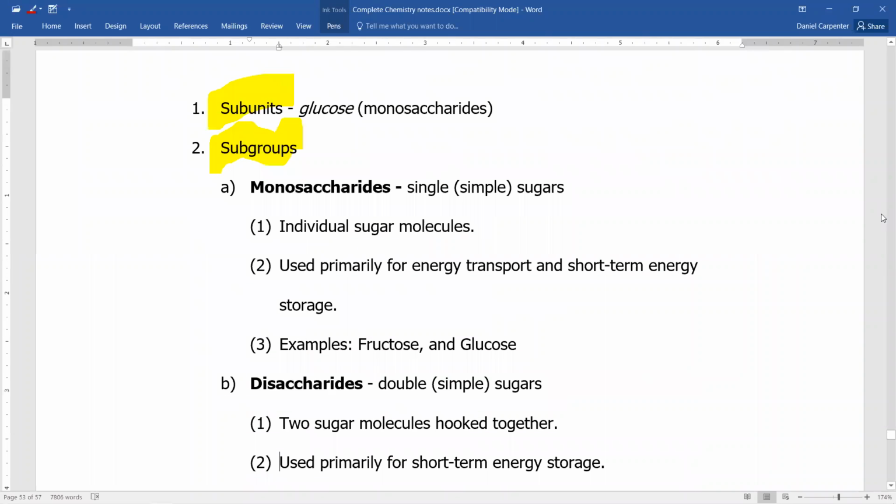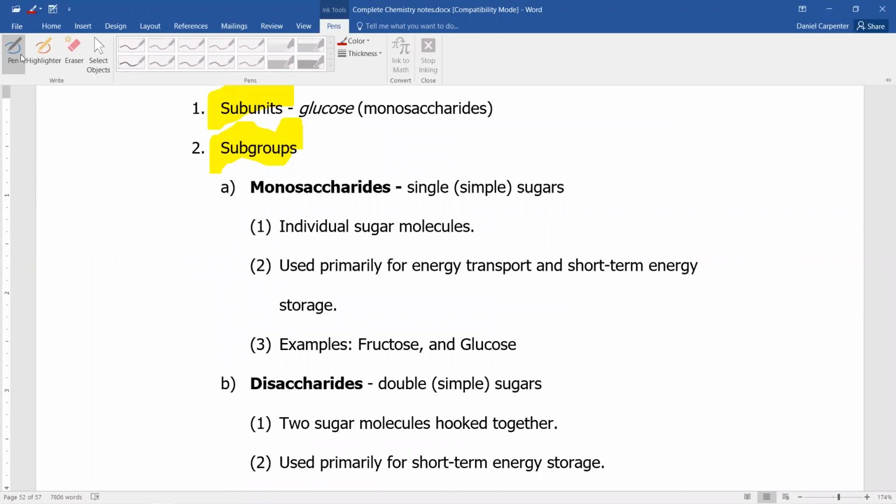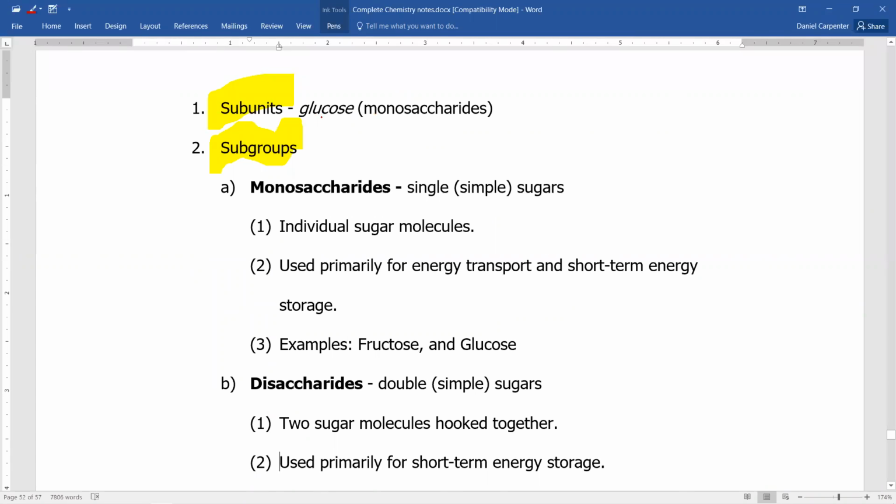So the subunit is glucose. Now, look at this. Another thing that people get confused with. The subunit is glucose. Carbohydrates are made of long chains of glucose.